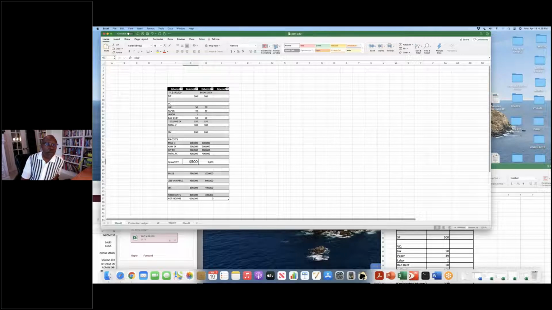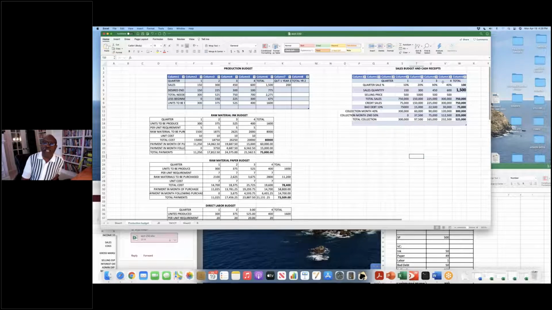If you don't have this number right, then all those other budgets are going to be wrong, basically. That's why we worked on this, giving you a form to get this number right. Okay, I understand. Then when we get here, this budget has got to be right.